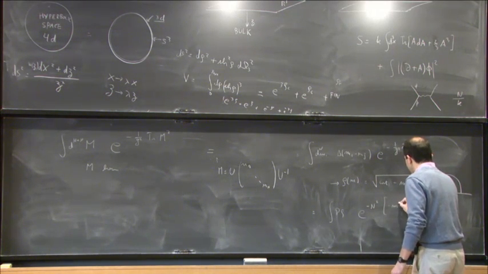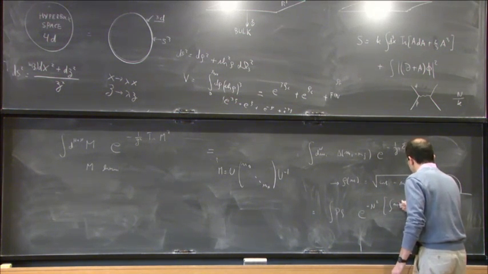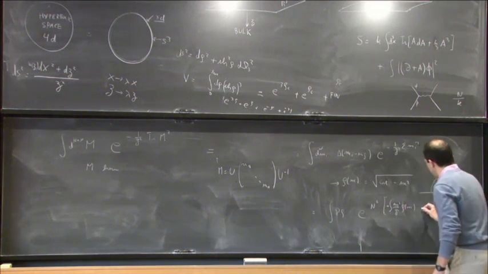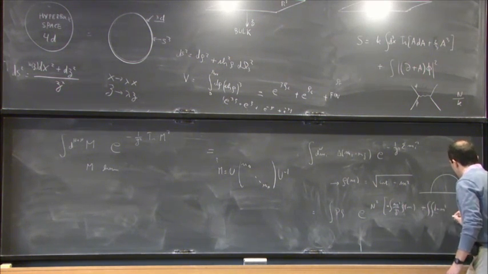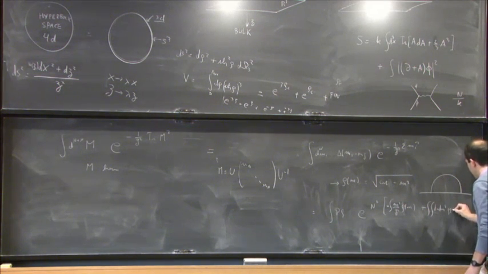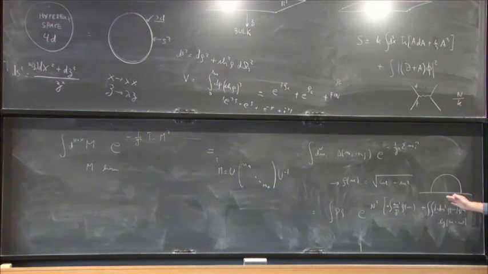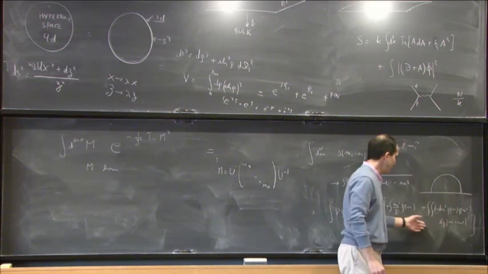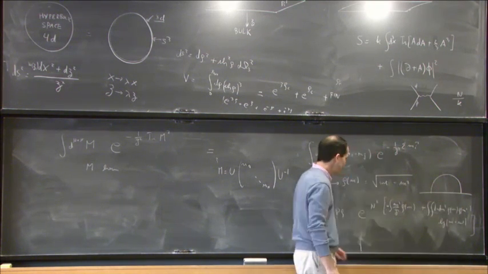There is a term that goes like the integral of m squared, and then there is a term that contains two integrals over m and m prime, rho of m, rho of m prime, that comes from the Vandermonde determinant, log of m minus m prime. Hopefully this is familiar to everyone. And the saddle point of this action is this eigenvalue distribution. That's one way of deriving it.